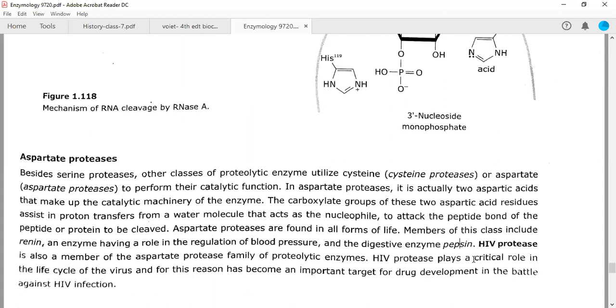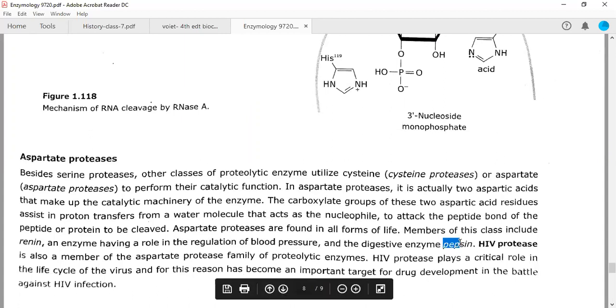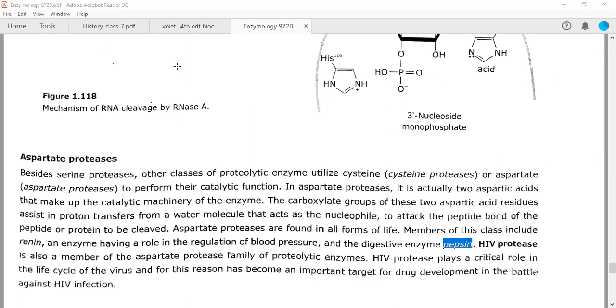I will discuss this. If you want to know more about the pepsin mechanism of hydrolysis of antibodies, you can go to page number 517 in the first part of your Pathfinder. Actually, I'm having the 7th edition, so I'm exactly telling you page number 517.